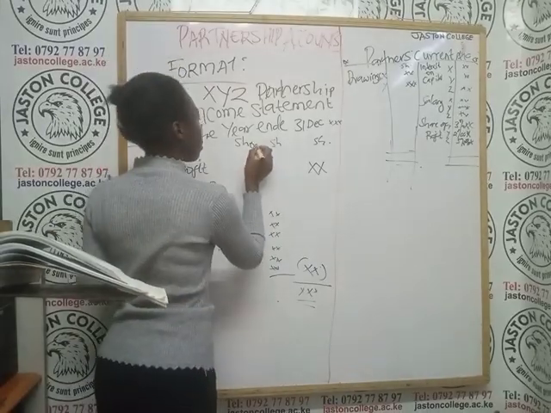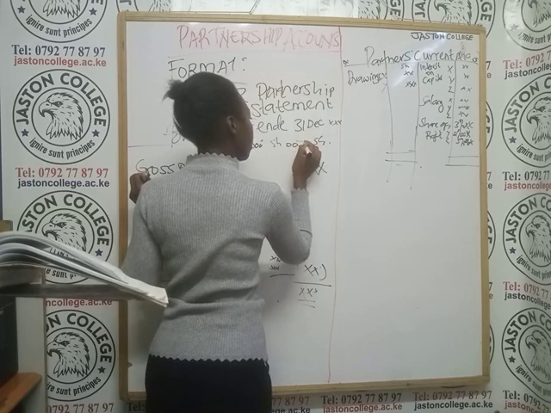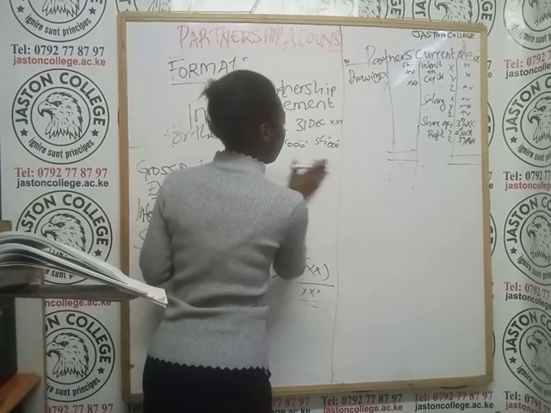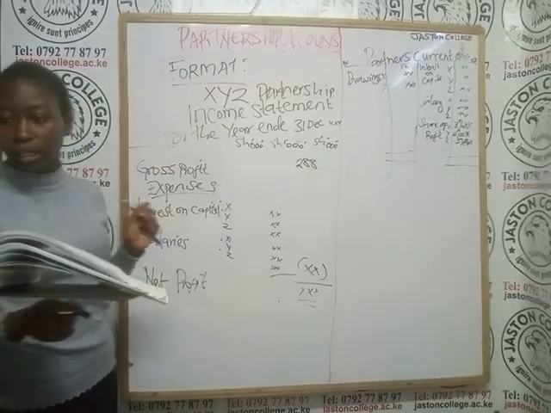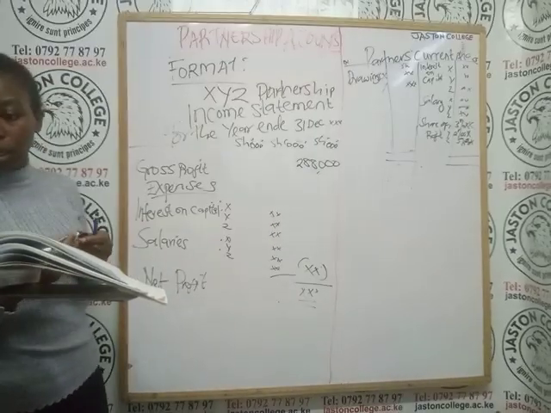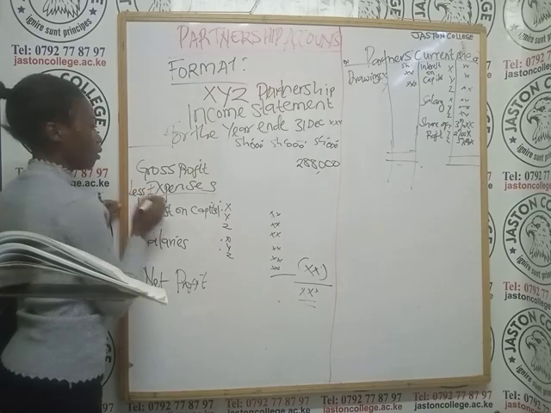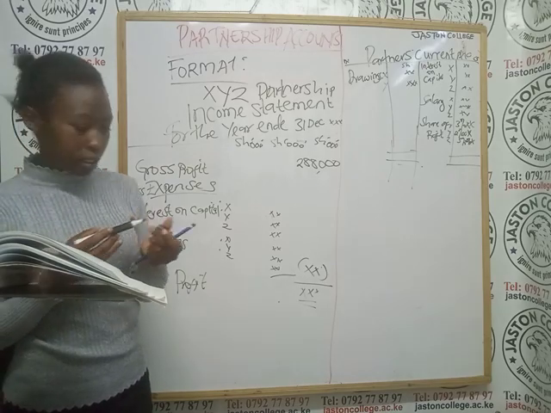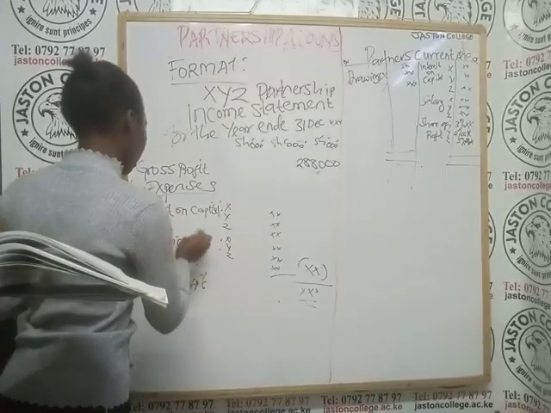Let me note these zeros. So our gross profit will be 288,000. Okay. We will less our expenses. We have some expenses here, so we have to find some space.